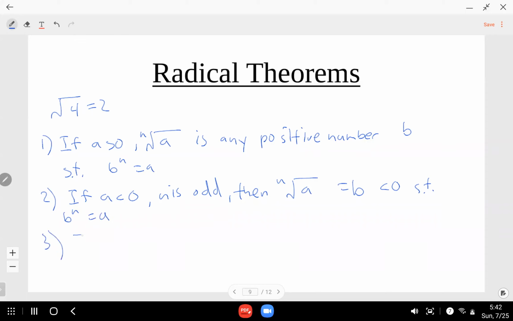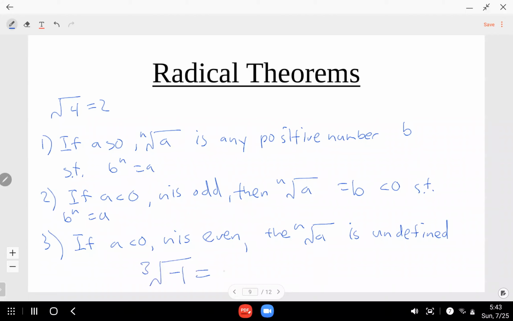Number 3, if a is less than 0 and n is even, then the nth root of a is undefined, or in terms of i. Right, so it is undefined if a is less than 0 and n is even. I mean, the cube root of -1 just equals -1. However, the fourth root of -1 is not possible.